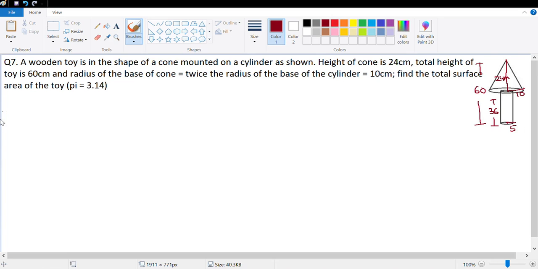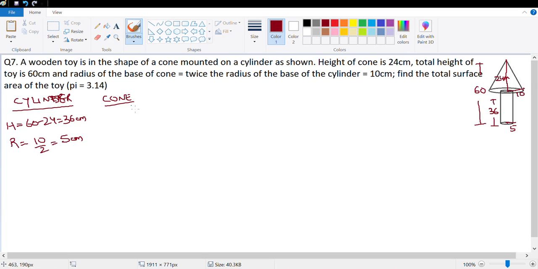So let's just write this down. One, we'll talk about cylinder and then we'll talk about cone. So cylinder height is equal to 60 minus 24 is equal to 36 centimeter. The radius is equal to 10 upon 2 is equal to 5 centimeter. Next, height of cone is equal to 24 centimeter given, radius of cone given equal to 10 centimeter.